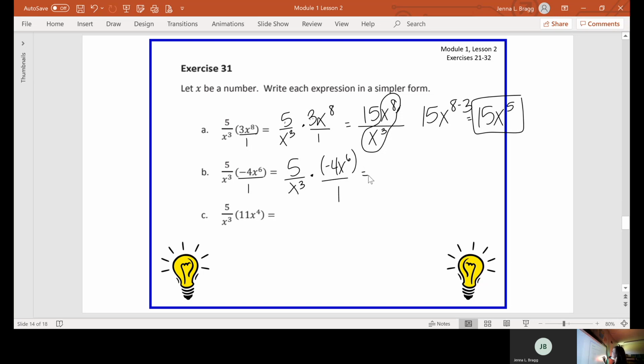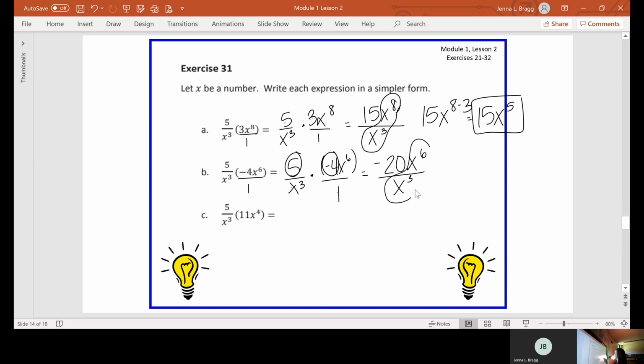Five times negative 4x to the 6th. I'm just multiplying my 5 and my negative 4, my regular numbers. Negative 20x to the 6th over x to the third times 1 is still x to the third.